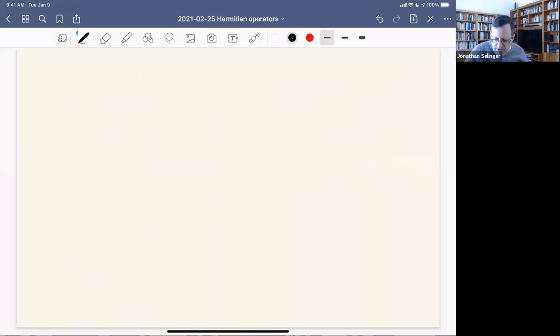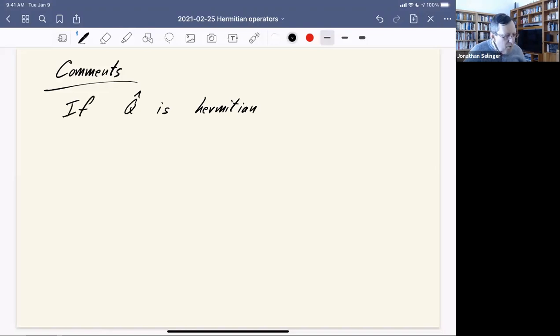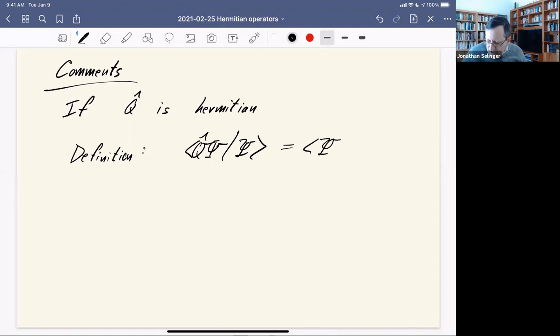For a few more general comments, one comment is, if an operator is Hermitian, if Q is Hermitian, we know by definition, as I just wrote, that Q psi inner product with psi is equal to psi inner product with Q psi for all psi, right?